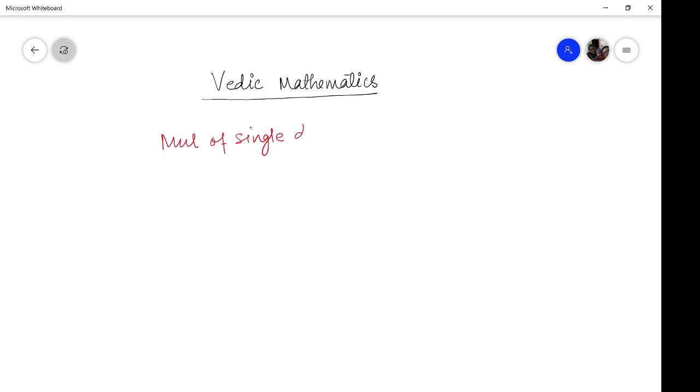The method, or the sutra, based on which we are doing this is called Nikhilam. So Nikhilam is the sutra or the formula based on which we will be doing this particular operation.